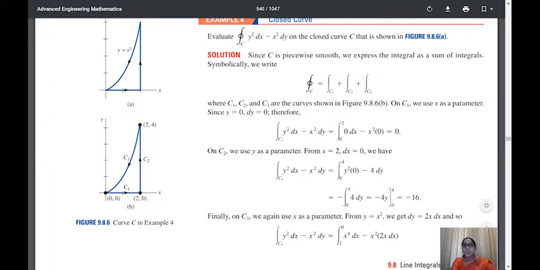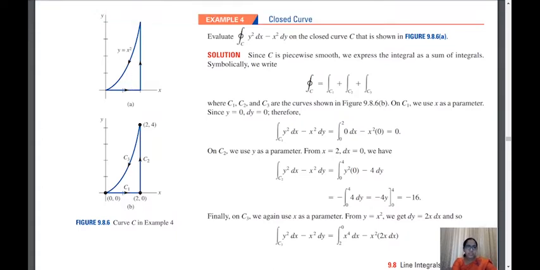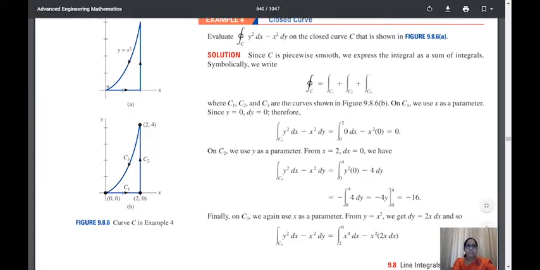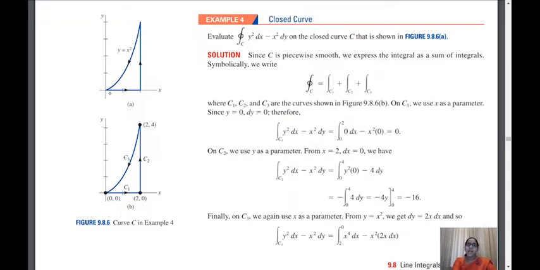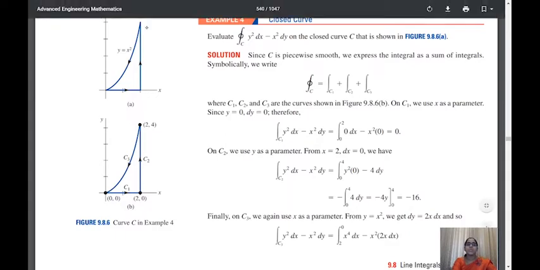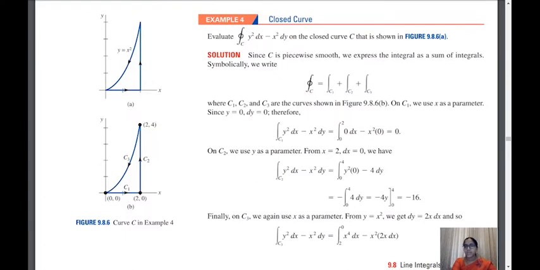First, we can see that this whole curve C can be considered as three different curves. We can consider them as C1, C2 and C3. So to find the integral along C, we will find the integral along C1, along C2 and along C3, and sum all these three together.